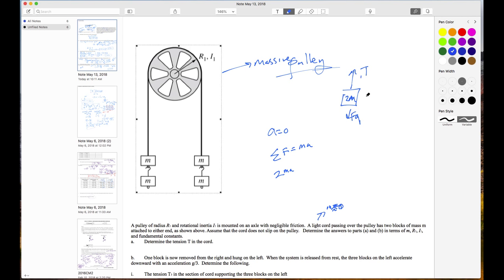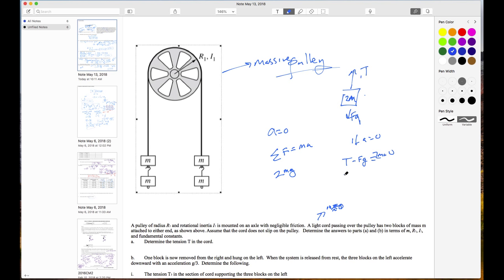We can see that if the acceleration is 0, then the tension minus the force of gravity equals ma, which is 2ma, which equals 0.